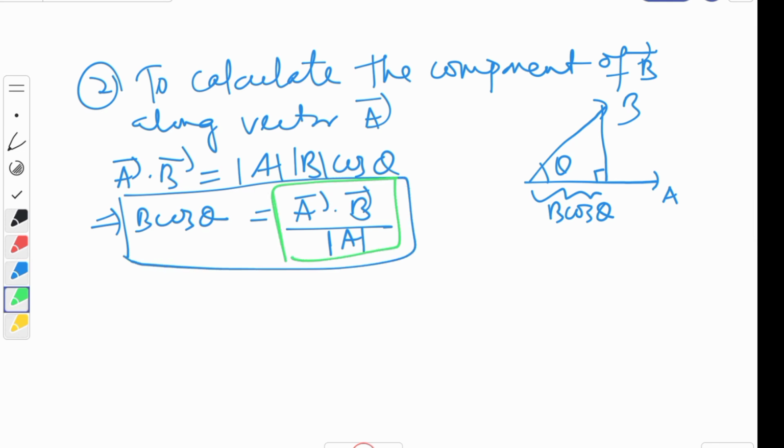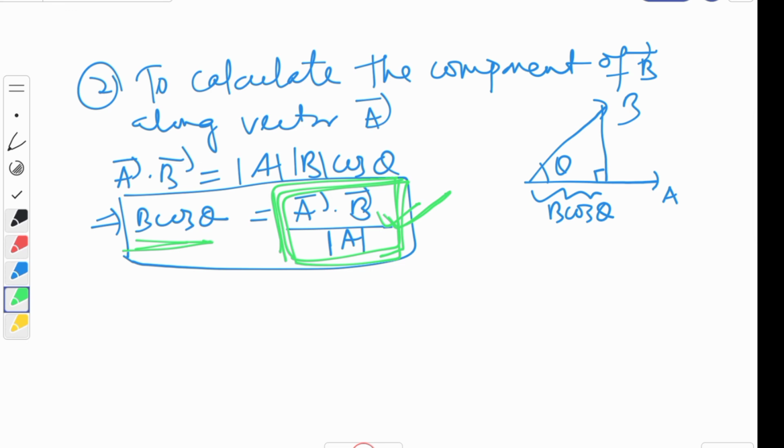This is the value of the component of B along vector A. You take the dot product divided by the value of vector A.